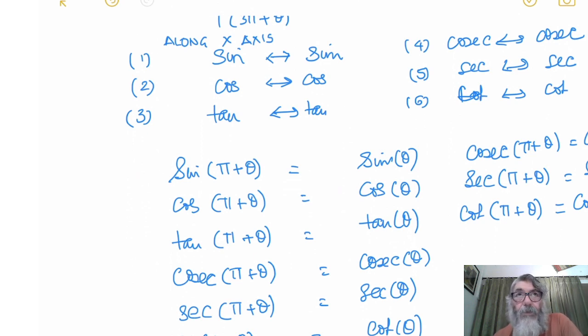Now in the third quadrant, tan theta and cot theta are the only positive ones. We said add sugar to coffee. So tan theta will remain positive and cot theta will remain positive. The rest are negative. Have you understood?